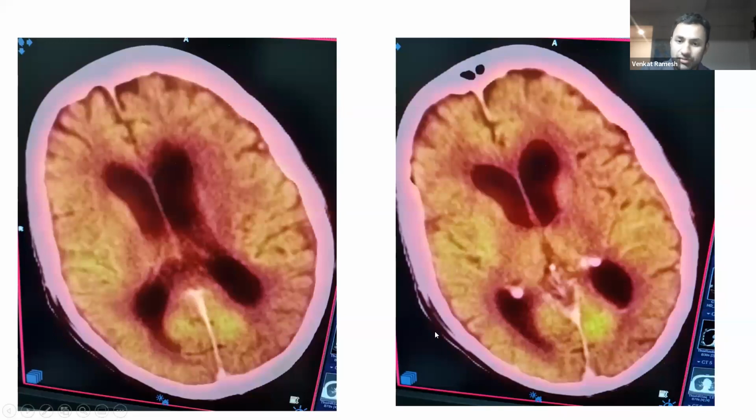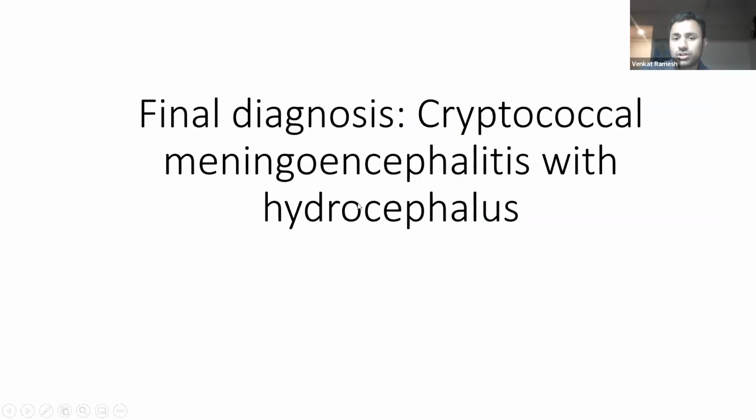So the plan was actually for a meningeal biopsy. But on the third CSF sample, the cryptococcal antigen and cryptococcal PCR was positive, which very surprisingly was negative in the initial 2 samples. And this patient is presently under our care. He's on liposomal amphotericin B and fluconazole. So this is a diagnosis of cryptococcal meningoencephalitis with hydrocephalus.